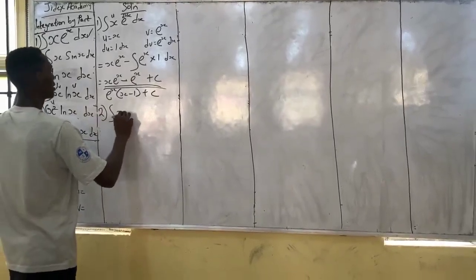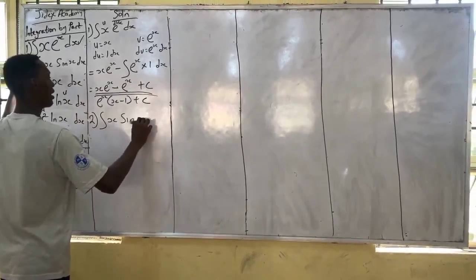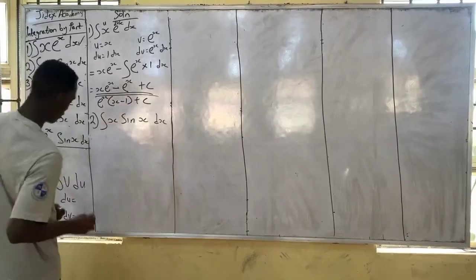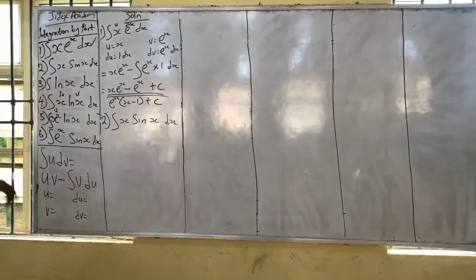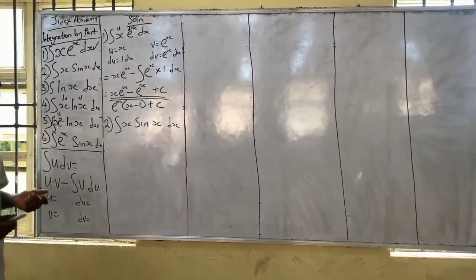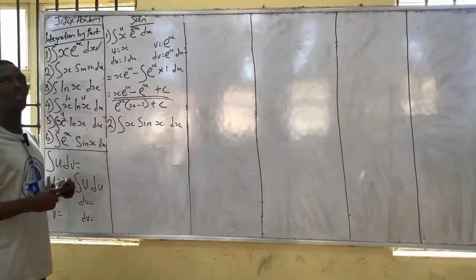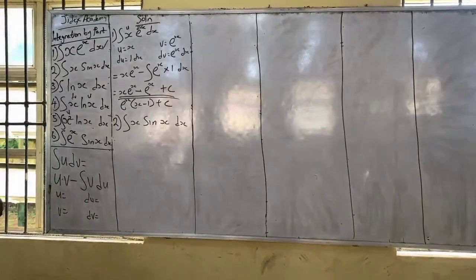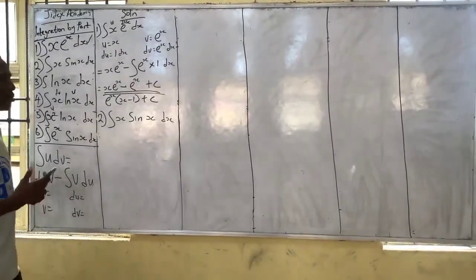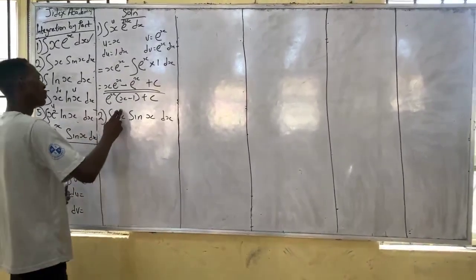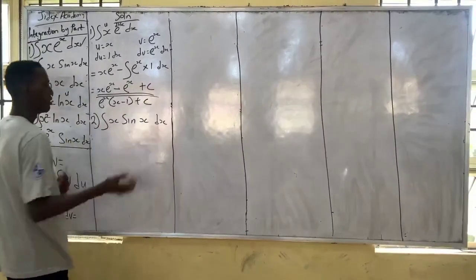Integration of x sine x dx. Now, like I said, whenever you want to pick your u and your dv, always aim at something that you can easily integrate or differentiate. It is not a must that you make this your u and the whole of this your dv.